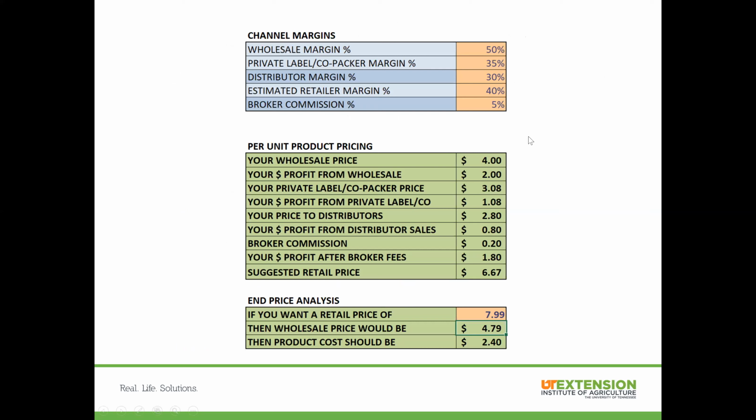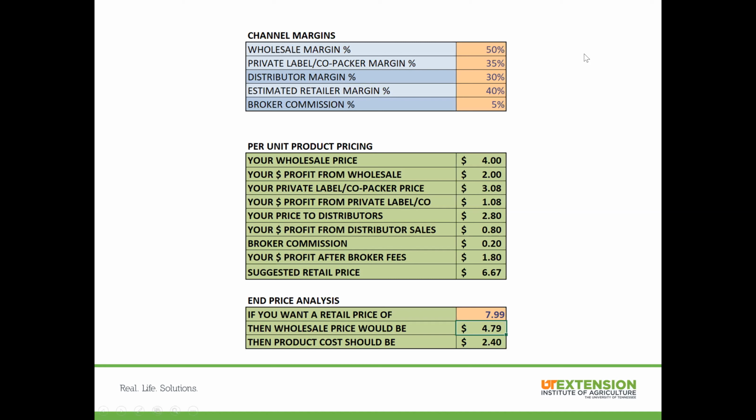All right. So calculating the margin. We can plug in these different margins as we want to. So we could change that to be a different number if we wanted it to be. Let's say we wanted to make it, say, 60%. If we wanted a wholesale margin of 60%, then in that case, with a $2 cost, we'd have to charge $5 for our wholesale price.